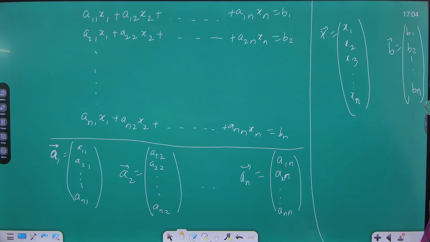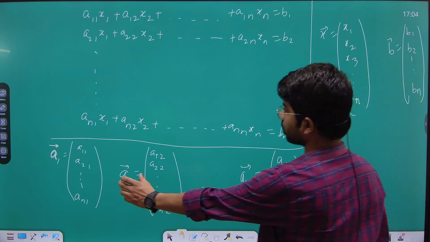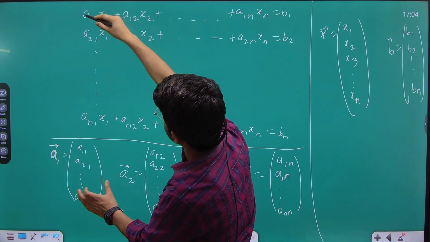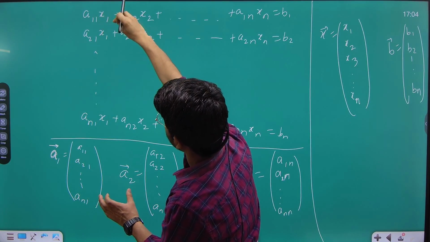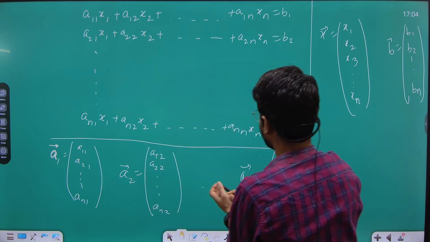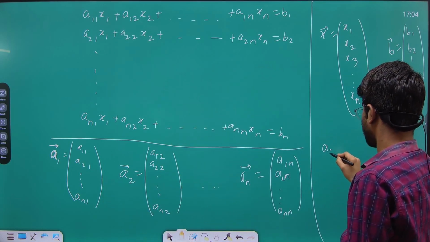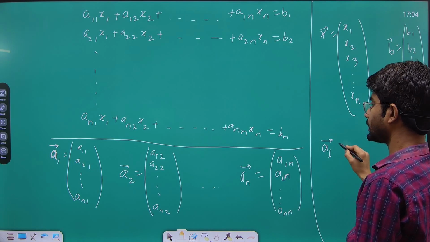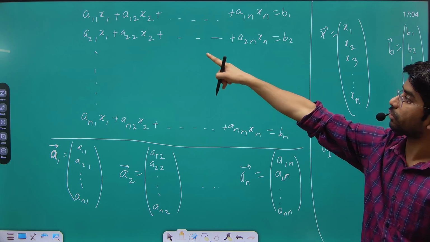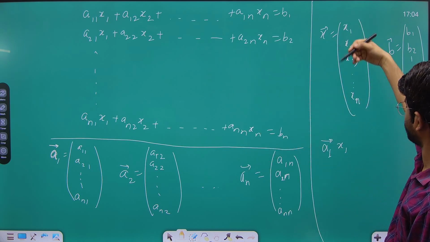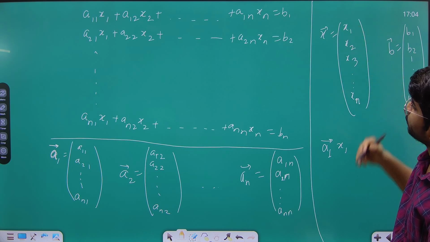So you will have this multiplication, all these first elements are multiplied with x1, so you have vector a1 multiplied with x1. Since we are taking just one variable, we are not representing it in terms of vectors.